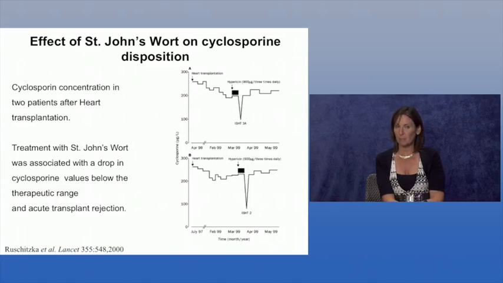Now, I said previously that people who are transplant recipients are commonly managed, or I should say always managed, with immunosuppressive therapy. One immunosuppressive drug, which has been for many years the mainstay of therapy for many organ recipients, is cyclosporin. Cyclosporin is metabolized by CYP3A4, a key enzyme involved in its metabolism.